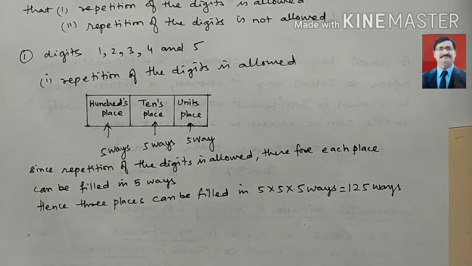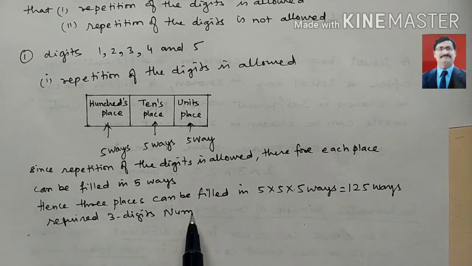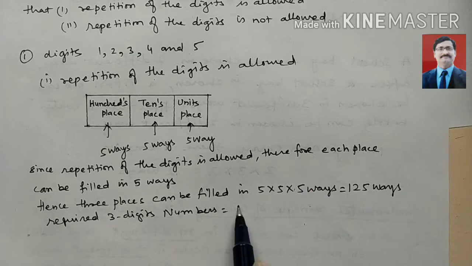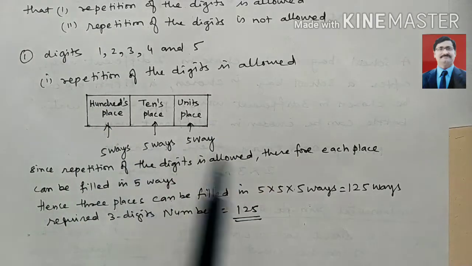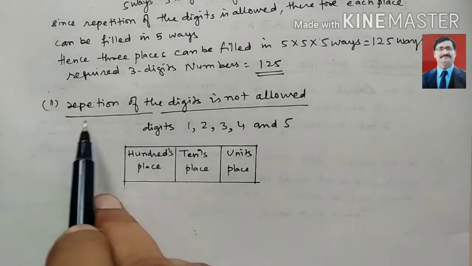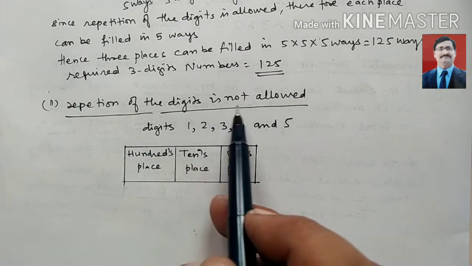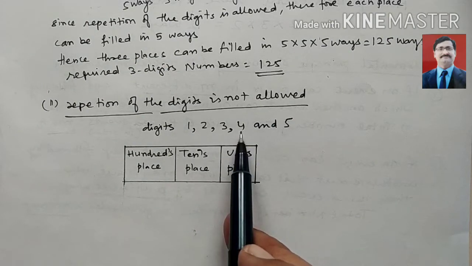So the required 3-digit numbers are equal to 125. So we have here 125 numbers. By these digits we can prepare numbers where any digit can be repeated. Look here, if repetition of the digits is not allowed, we have 5 digits 1, 2, 3, 4 and 5.